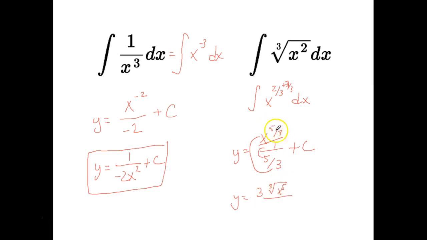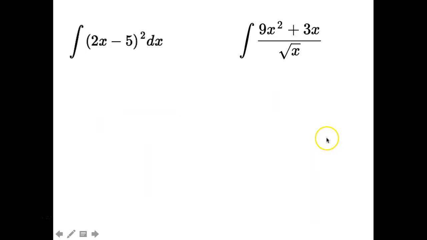That's what 5 over 3 is, right? That 3 is the cube root. Then 1 times 5. And don't forget your constant. And there's the integral. I believe that's all of them. Oh no, I got a couple more. Okay.